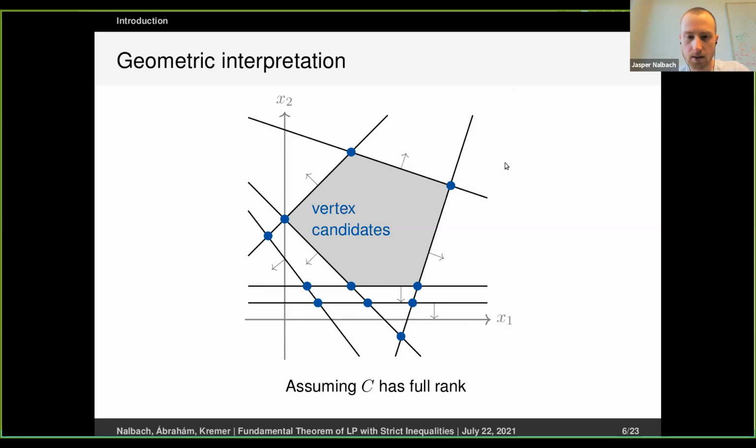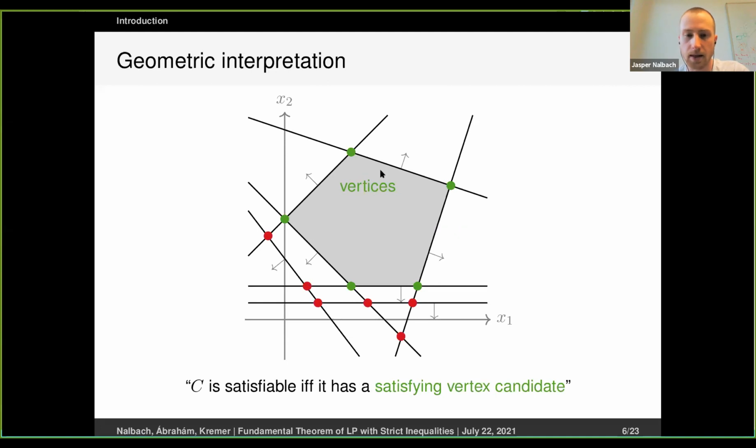And we know that if the solution set is non-empty, then there are extreme points of this solution set, which are some intersection points of the defining hyperplanes. We call exactly those points vertices. And now we get the intuitive statement of the fundamental theorem of linear programming, the part that we are interested in.